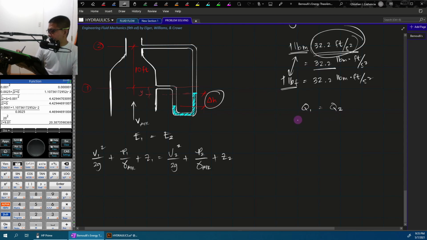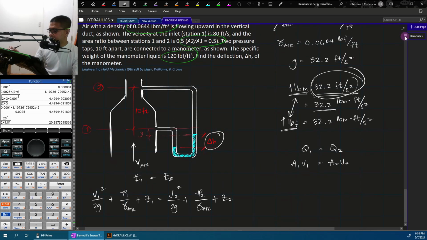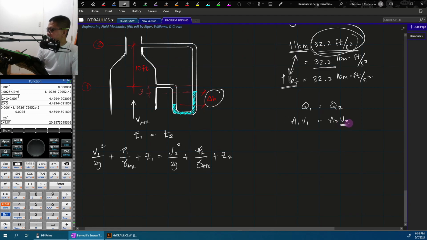Again, discharge Q is area times velocity. We already know velocity 1, it is given in the problem: the velocity at the inlet station 1 is 80 feet per second. So, we need to solve for V2.